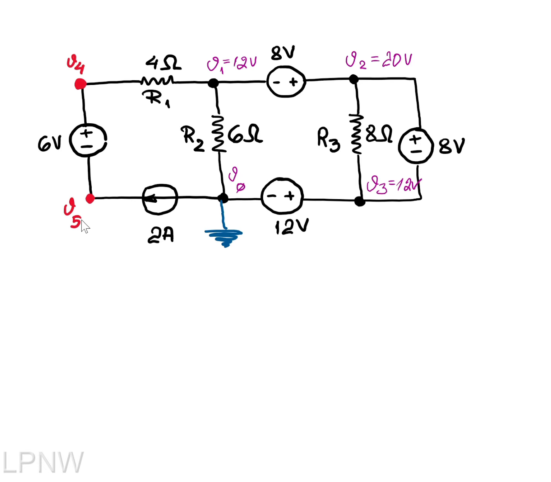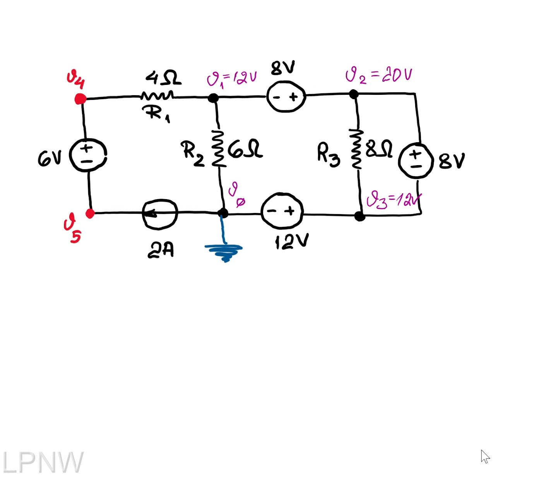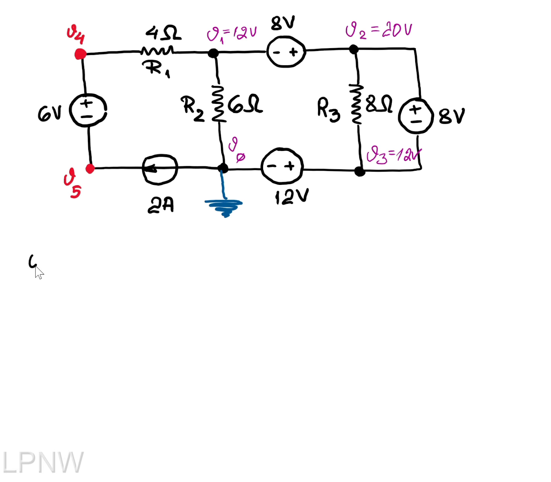Now let us work gently with what we have. First, V4 minus 12, don't forget, positive minus the negative, equals 8. From here, the voltage potential at V4 is 20 volts.